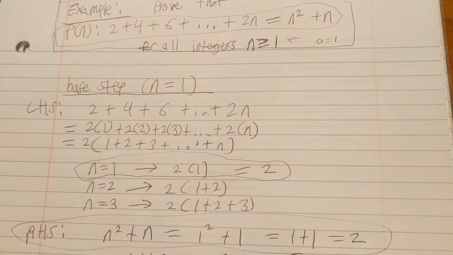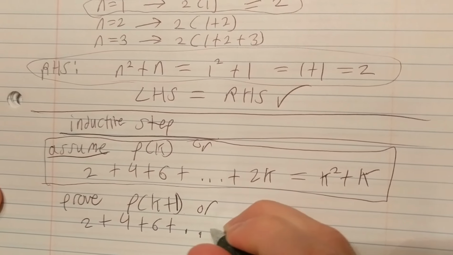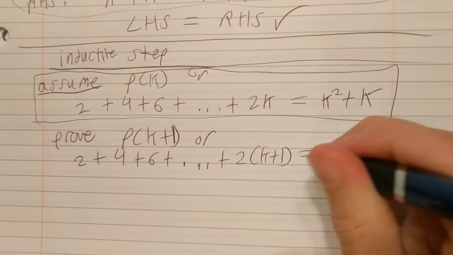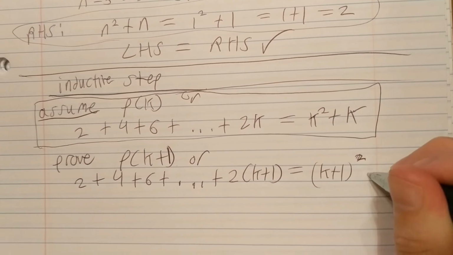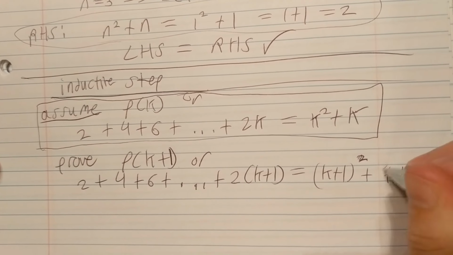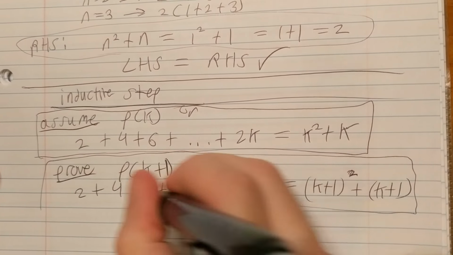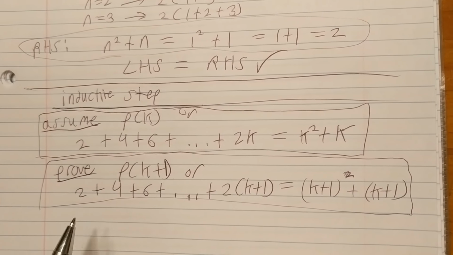So we want to prove that 2 plus 4 plus 6 all the way up to 2 times (k plus 1) equals (k plus 1) squared plus (k plus 1). Okay, so this is what we're assuming is true, and this is what we want to prove is true.